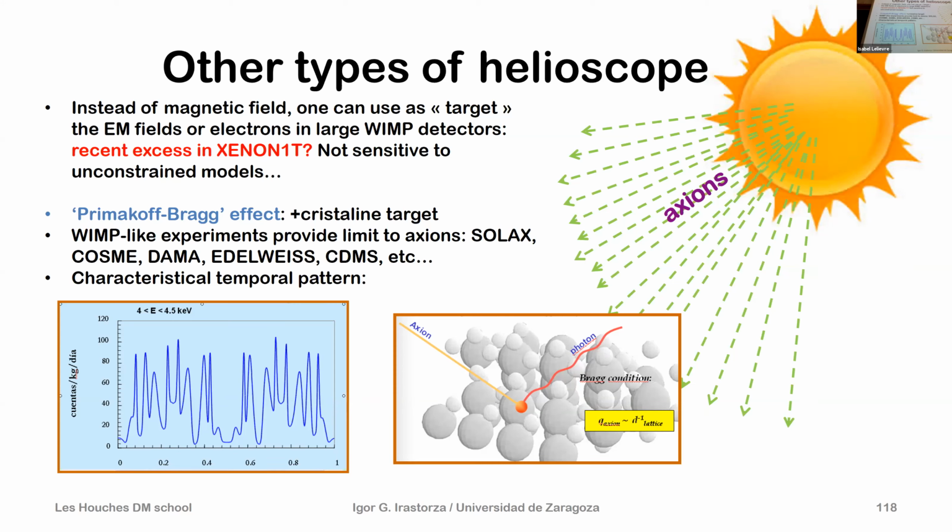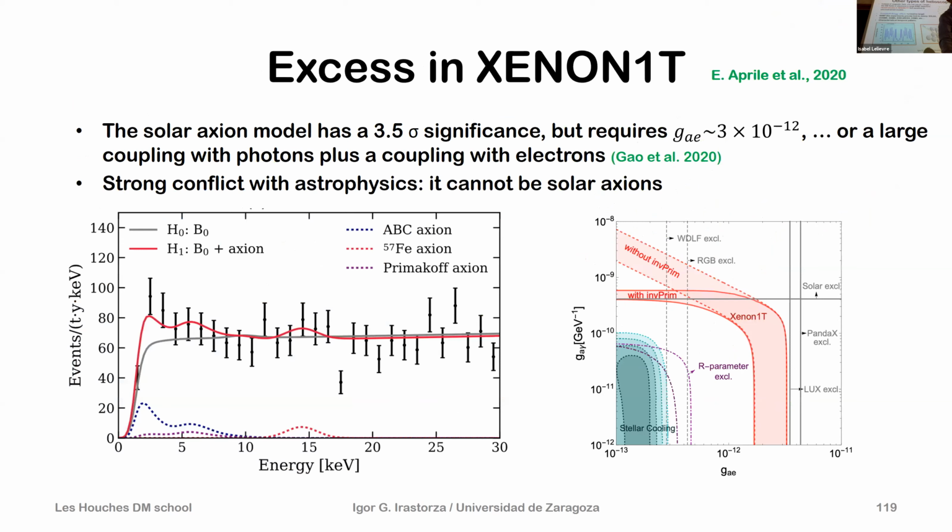In general, the sensitivity of the axion photon coupling, even if it's better than not using this trick, is still not competitive with standard helioscopes. And okay, you probably have heard about this excess in XENON1T, very recent. So in principle, XENON is once more a WIMP experiment.